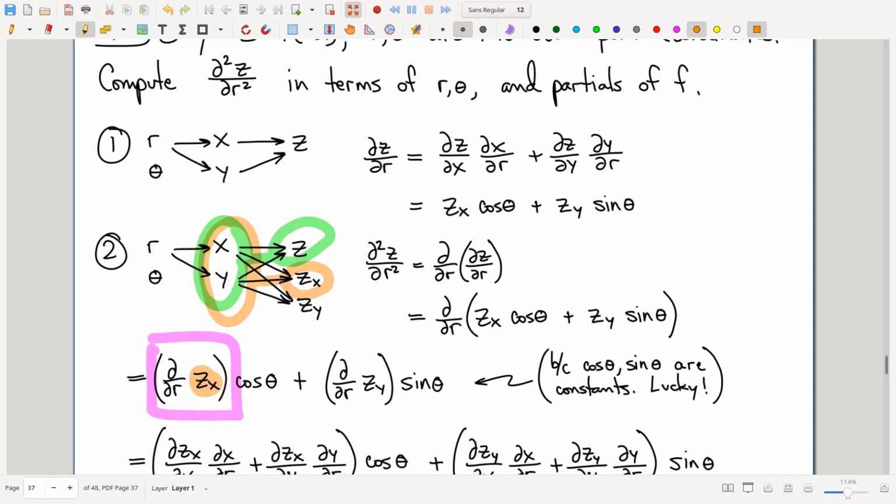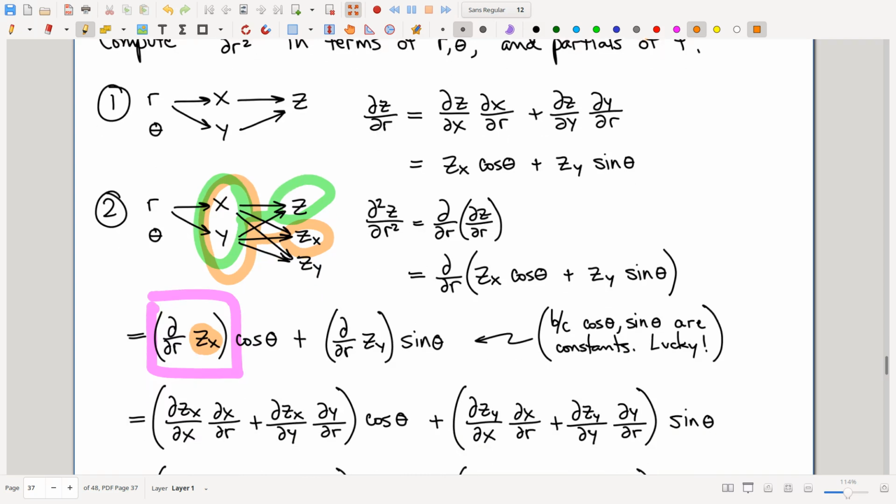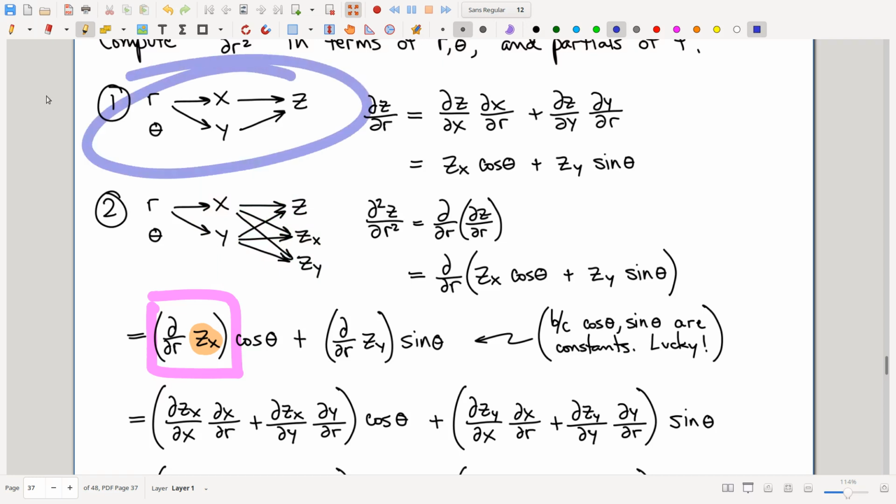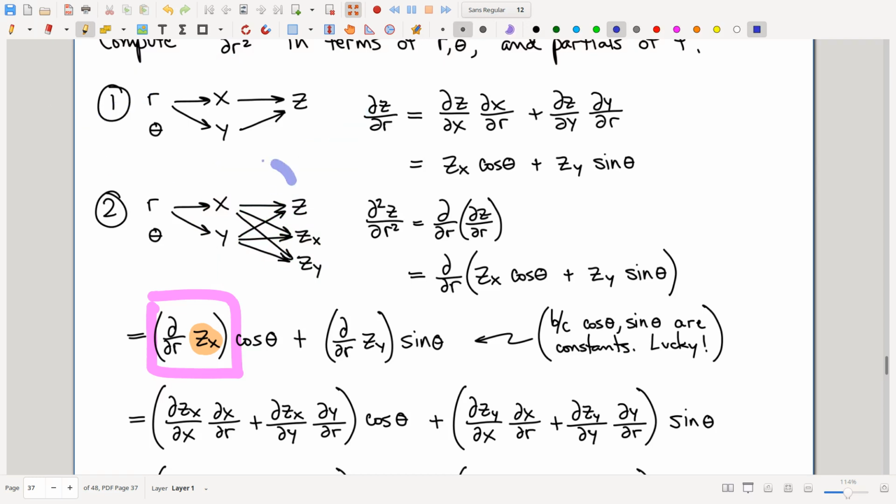And then likewise, zy, also a function of x and y, so represented correspondingly on my diagram. So notice I've added to my original diagram. I initially had just this, but now, because new stuff has showed up, I append my diagram to include the new stuff. Everybody with me?